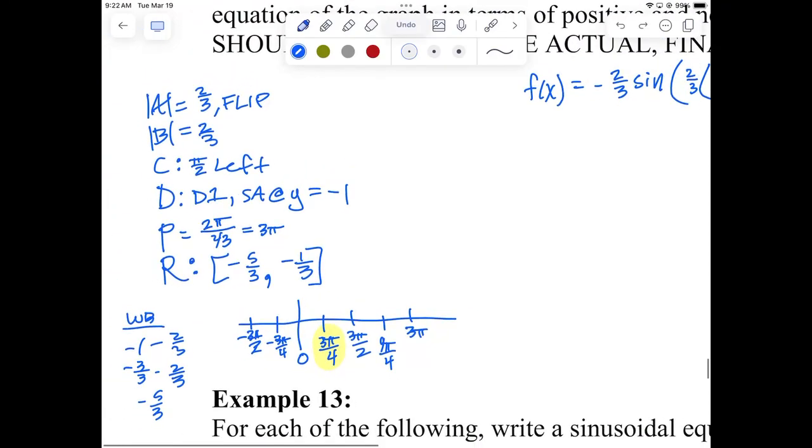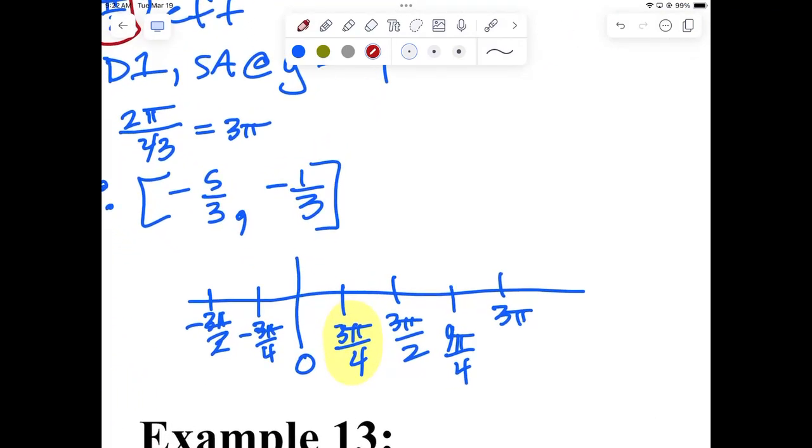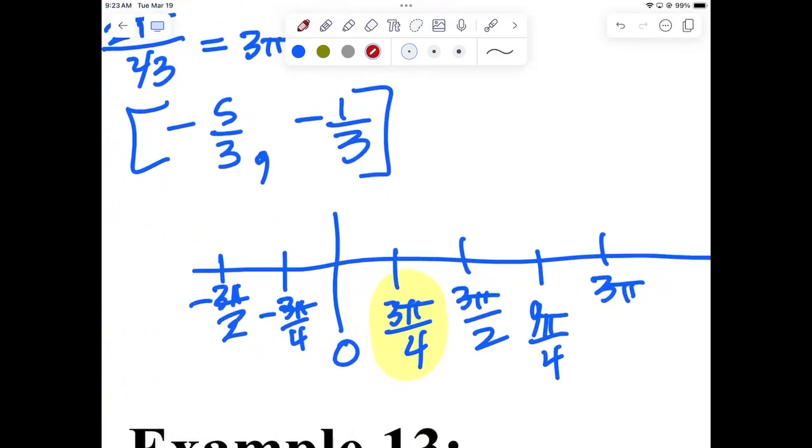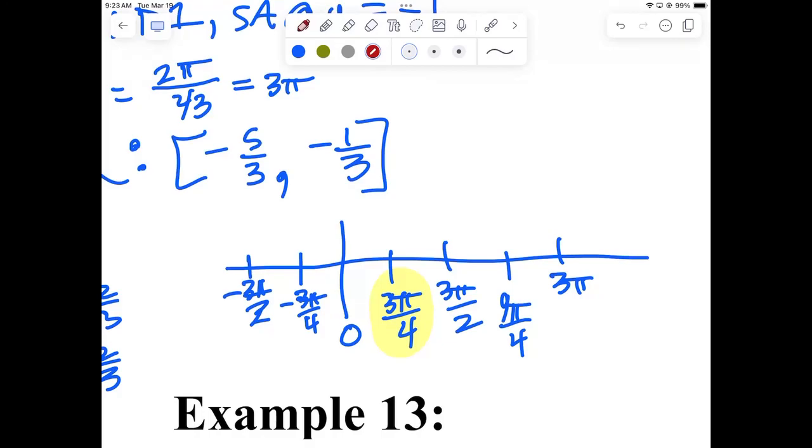All right, now here's what we have to do. We have to come up with the new value. We're moving it left pi halves. Where is pi halves in relation to 3 pi fourths? Is it before it or after it? It's before it, because pi halves is the same as 2 pi fourths, yes? 2 pi fourths. So -2 pi fourths is going to be right around there.